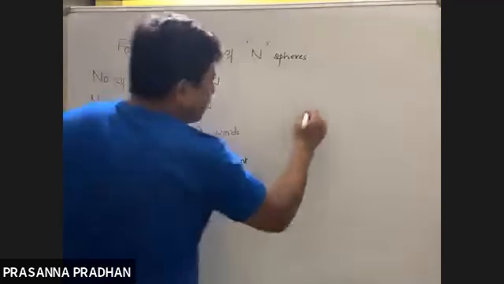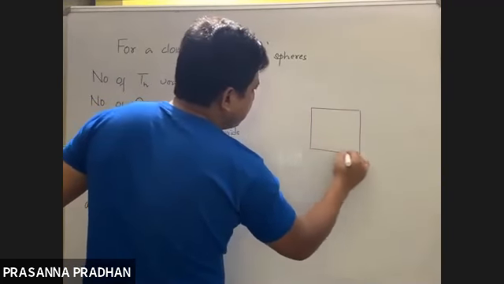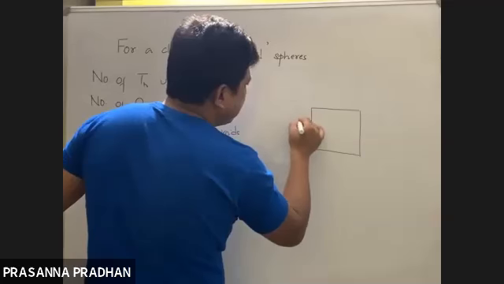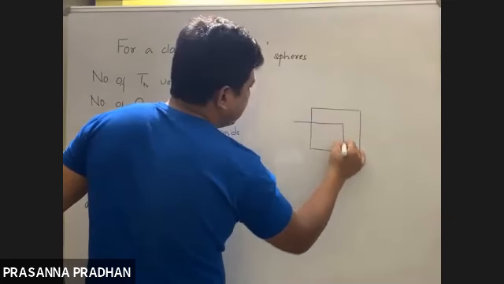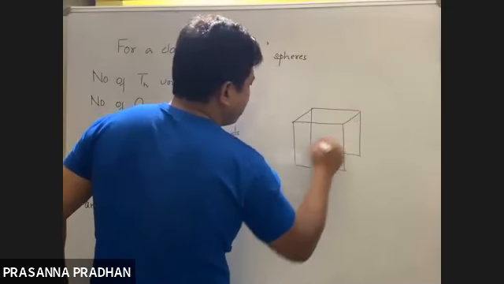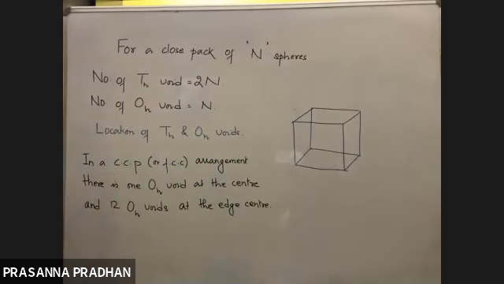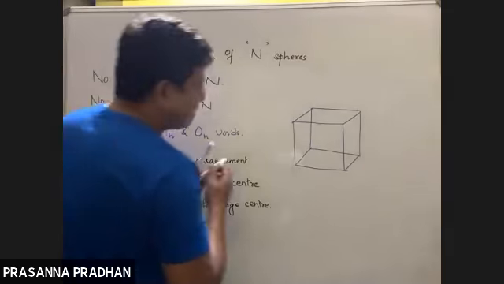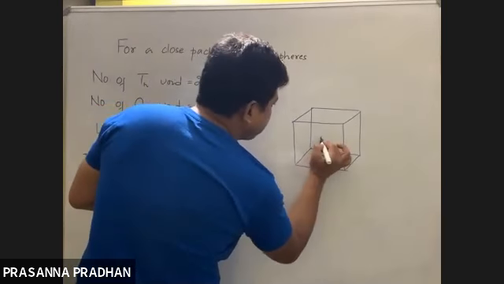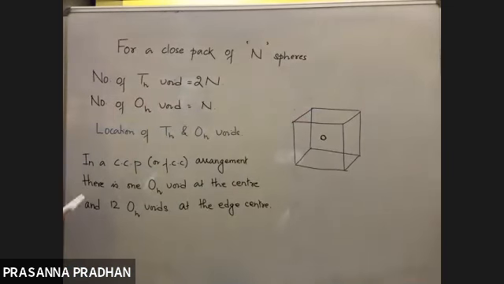What does it mean? In the FCC arrangement, where can you find the octahedral voids? One octahedral void will be here, right in the middle. And where will you find the other octahedral voids?